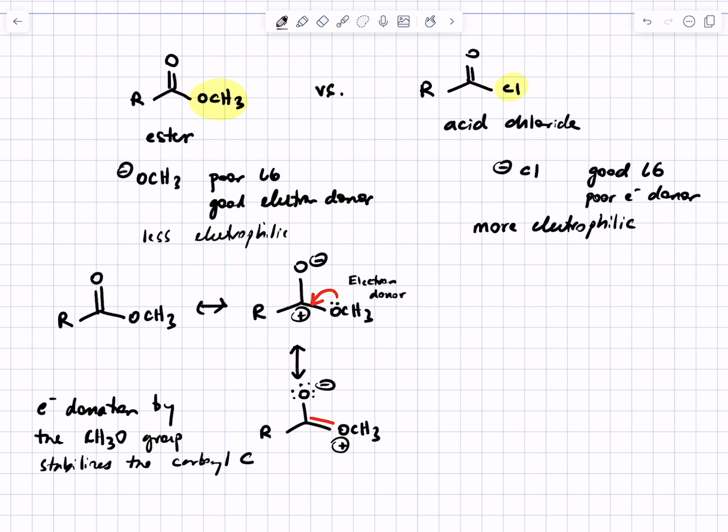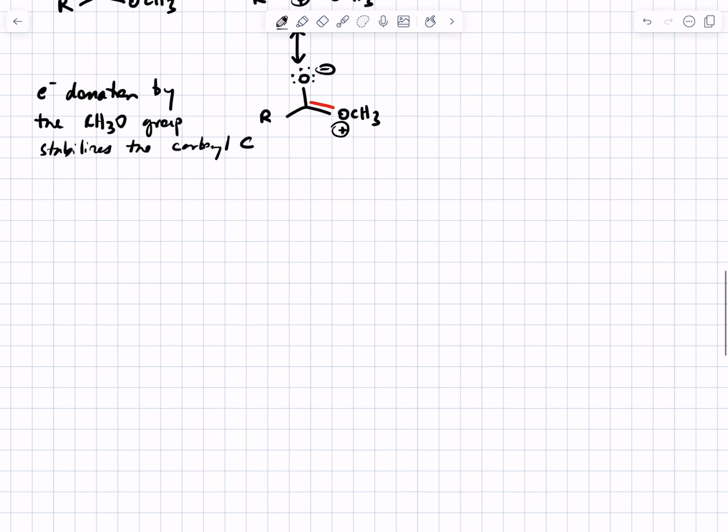Let's try one more comparison, see if you can do it. We're going to compare now the ester with the amide. Okay, if you want to go through this process a little bit more slowly, here's the methoxy group.